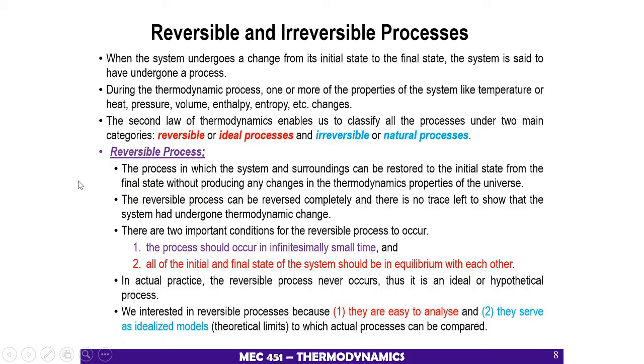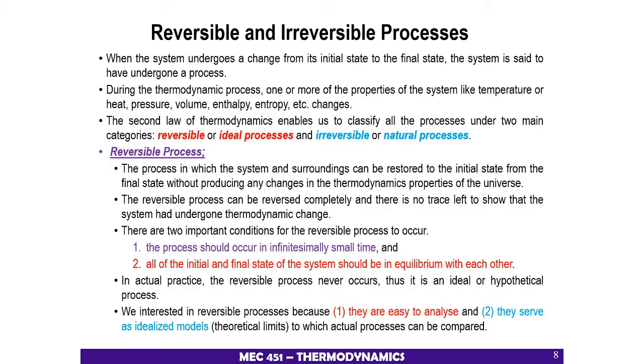Reversible process: the process in which the system and surrounding can be restored to the initial state from the final state without producing any change in the thermodynamic properties of the universe. The reversible process can be reversed completely, and there is no trace left to show that the system had undergone thermodynamic change.